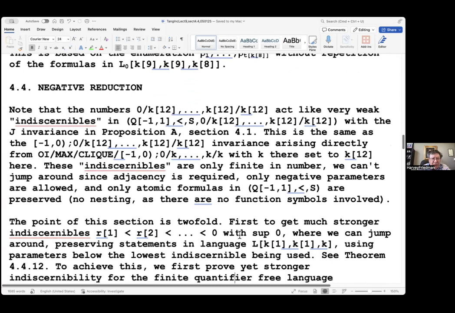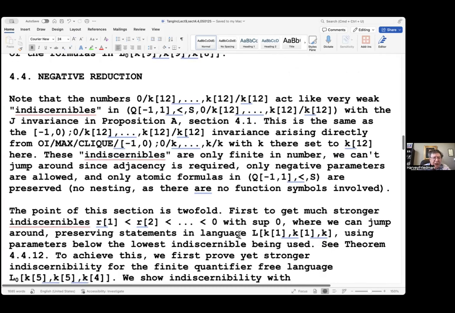All right, so now we're talking about the present section. So note that these numbers 0 through K12 over K12. By the way, for technical reasons, we started with 1 over K12 over here, but you can shift to the left because we have that just from the statement. But anyways, all these numbers, 0 is still important. These act like very weak indiscernibles with the invariance.